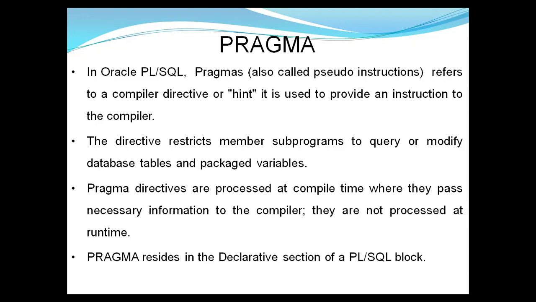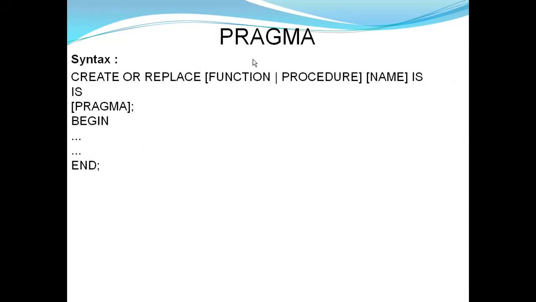So in the declaration part, it declares that this particular program has some specific instruction, that is a pragma, right? So that's why pragma resides in the declarative section of a PL/SQL block. So I hope that theoretically the concept is clear, what the pragma is. Now, in Oracle, how do we write a pragma?